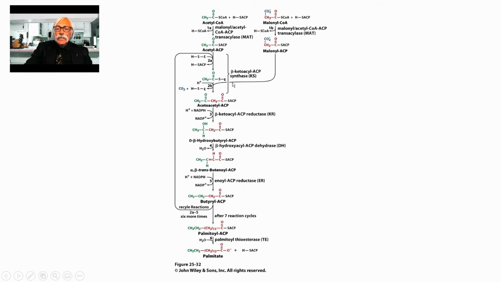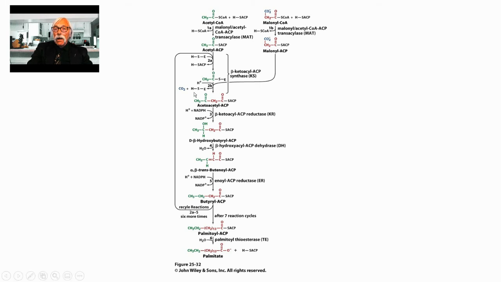And so this condensing enzyme, known as the beta-ketoacyl ACP synthase, will now take acetyl and malonyl ACP and make acetoacetyl ACP, notice, but it'll also release the CO2 that was originally trapped by the carboxy biotinylated acetyl-CoA carboxylase, right? So this CO2 release actually drives the reaction.